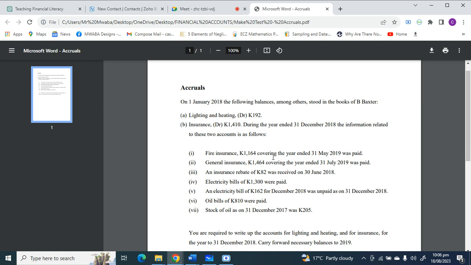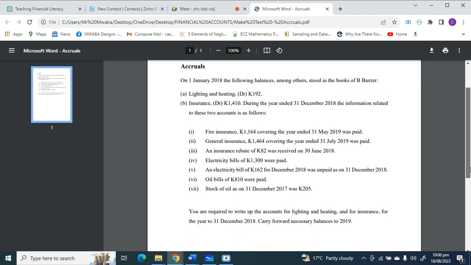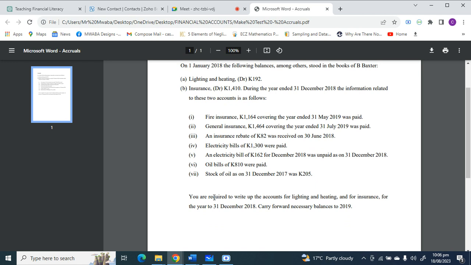We haven't yet reached that stage. The question says you're required to write up the accounts for lighting and heating and for insurance. So after we do these general entries, I'm going to show what is going to go in the insurance account and the lighting and heating account.